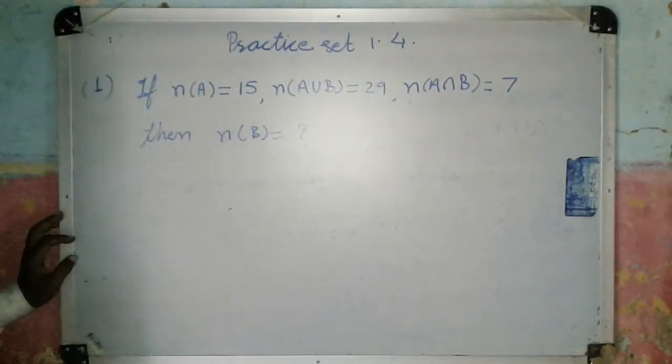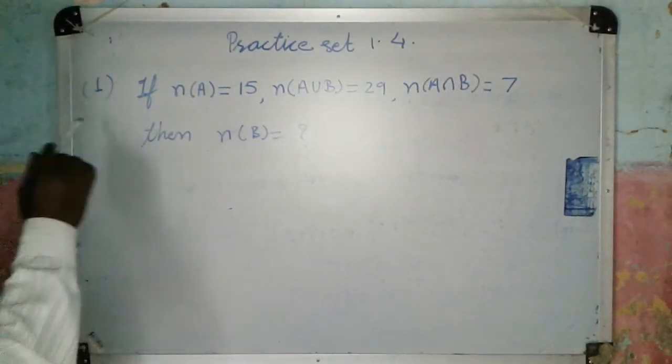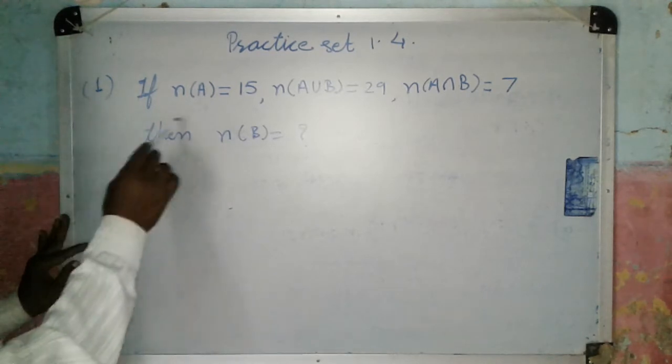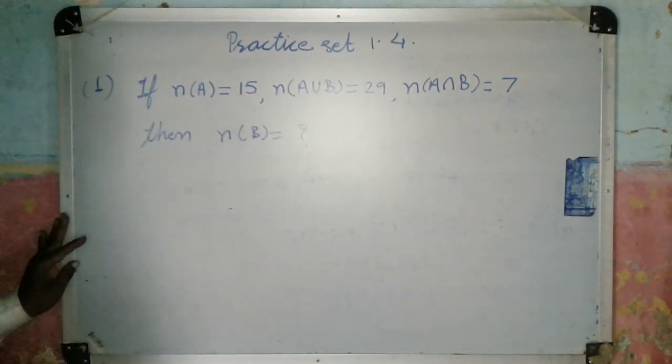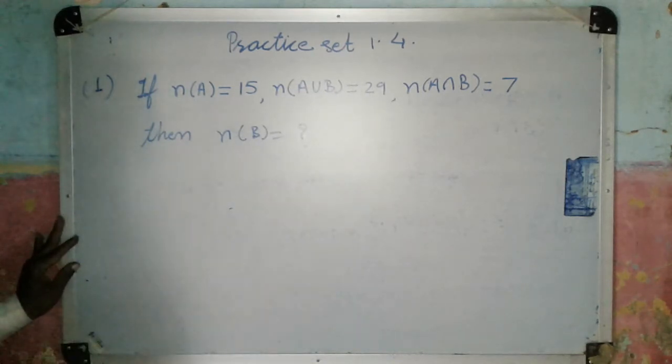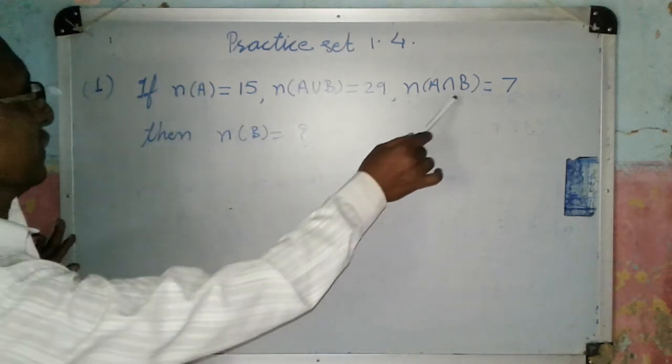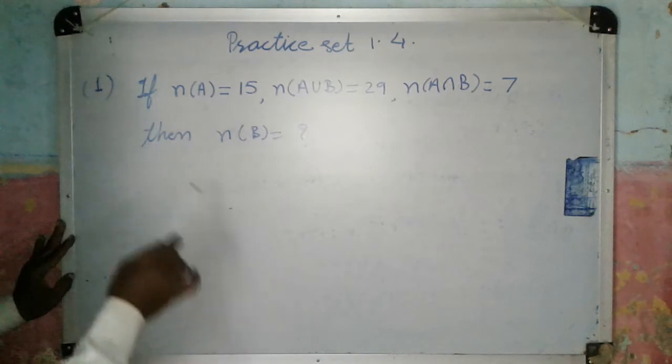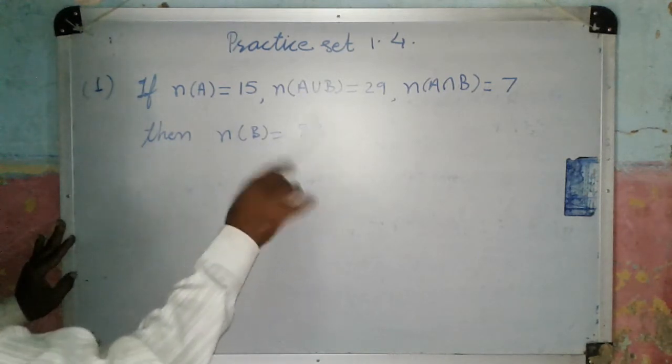Now here practice set 1.4, question number 1. Now if number of A is equal to 15, number of A union B is equal to 29, number of A intersection B is equal to 7, then number of B is equal to how many?